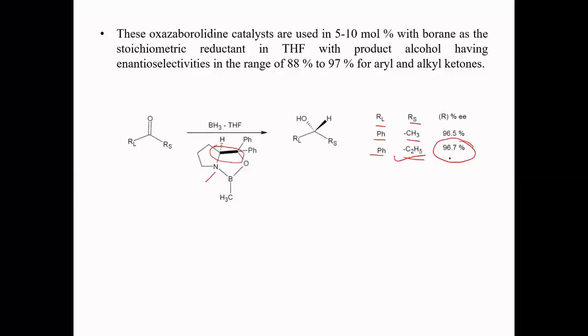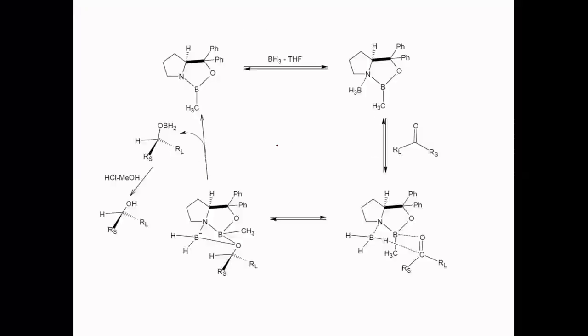So up to 96.7% enantiomeric excess is being observed in this particular reaction using this oxazoborolidine catalyst, which is also called as CBS catalyst. Now in the CBS catalyst, exactly how it happens, I told you just now. This catalyst is going to interact with your BH3.